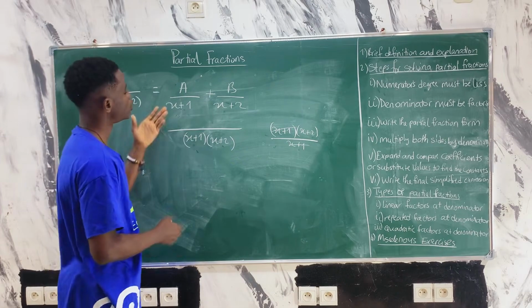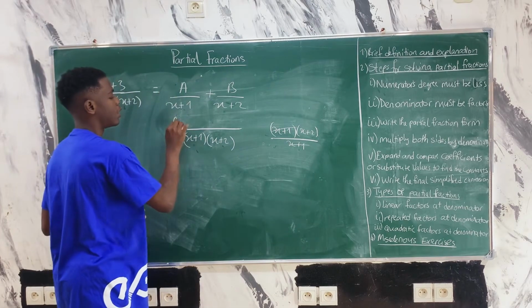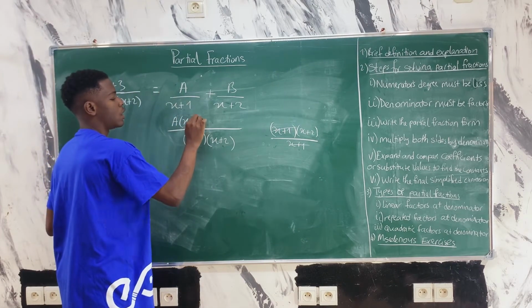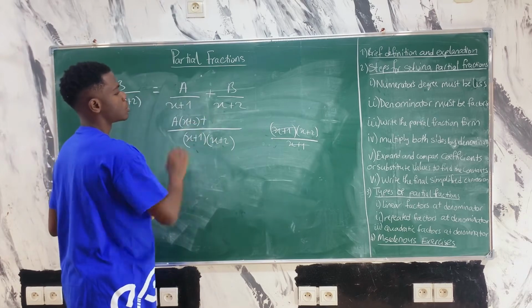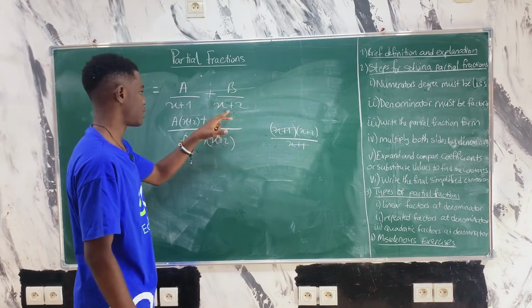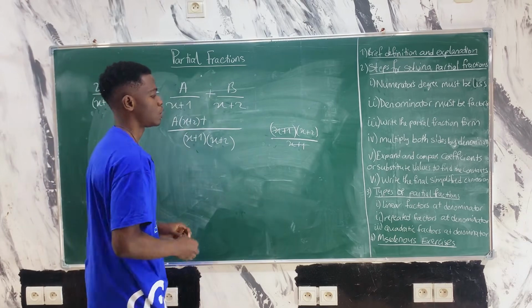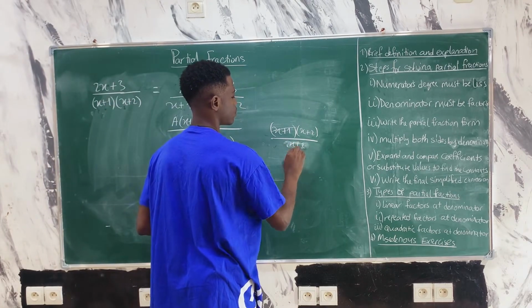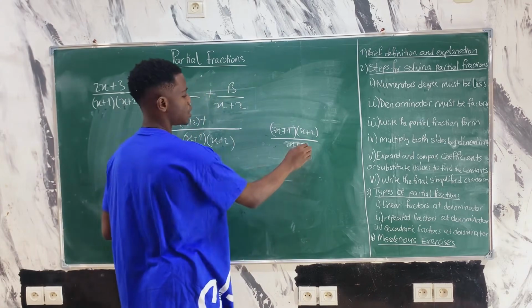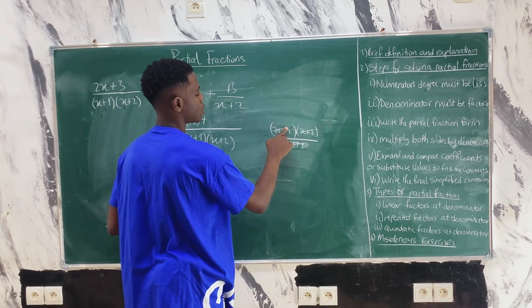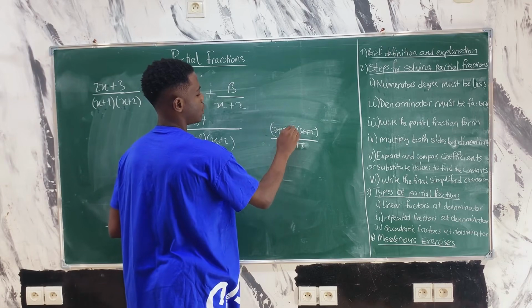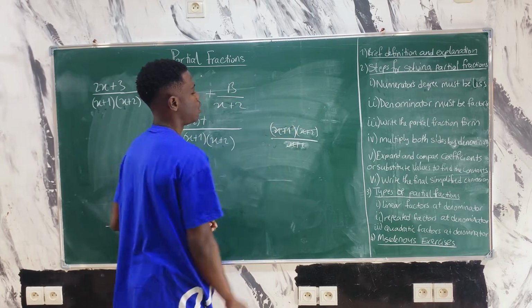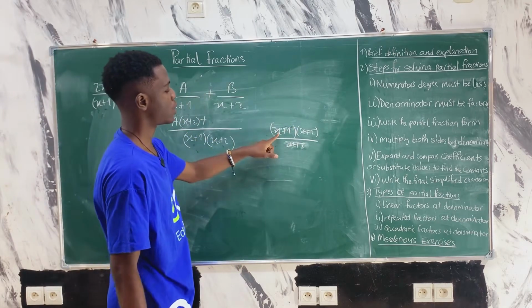So I'll do x plus 2 times a, or a into x plus 2, plus I do the same with x plus 2 at the denominator. So this will change to 2. If I cancel, I'll see that x plus 2 cancels x plus 2, and I will have x plus 1 remaining.